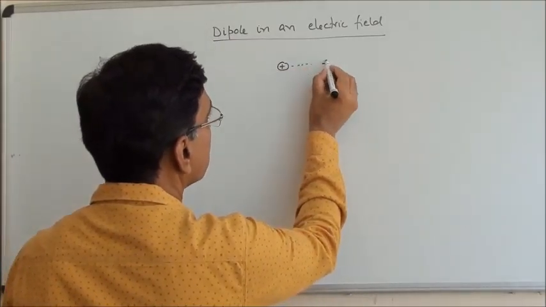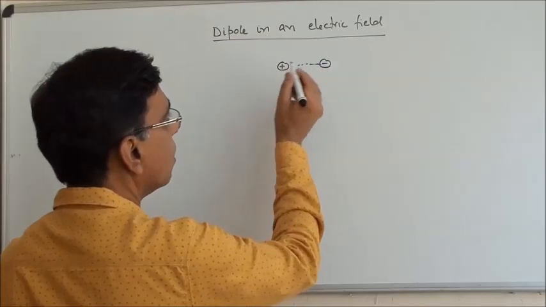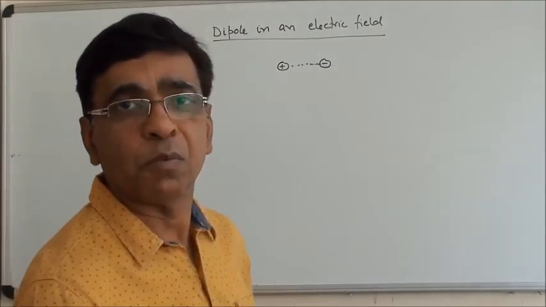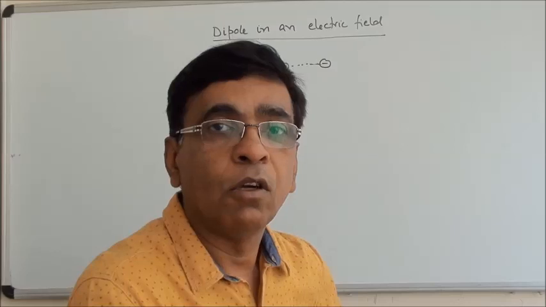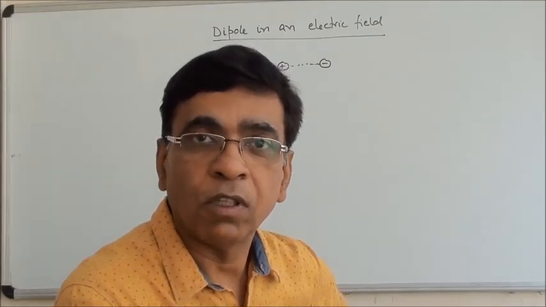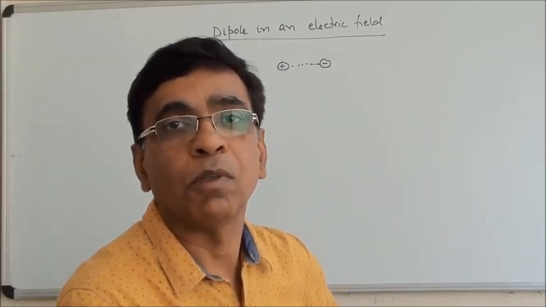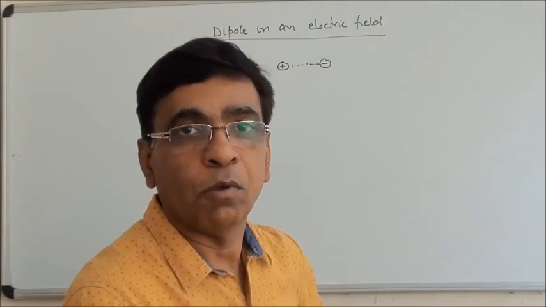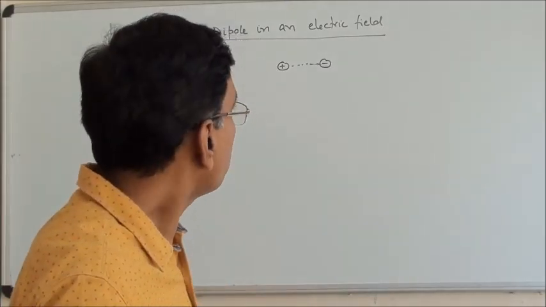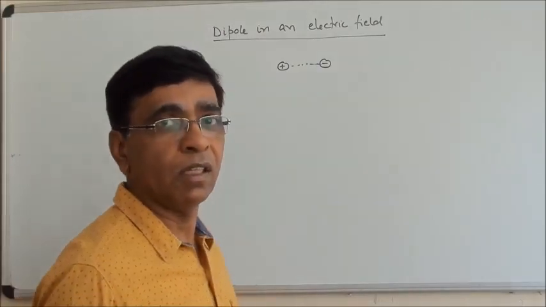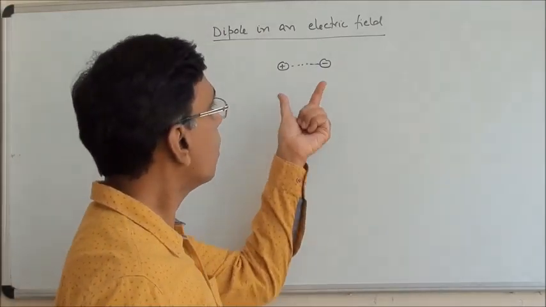So we have a plus charge and a minus charge, separated by a very small distance. Examples are all polar molecules, even the water molecule. HCl, NaCl, all those molecules are examples of electric dipoles.